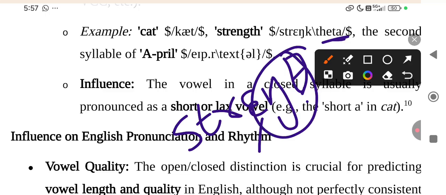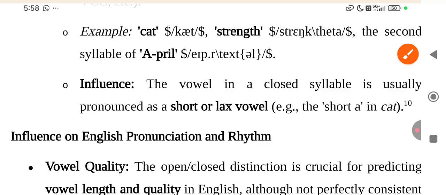This ends with a coda, so this syllable is also a closed syllable.